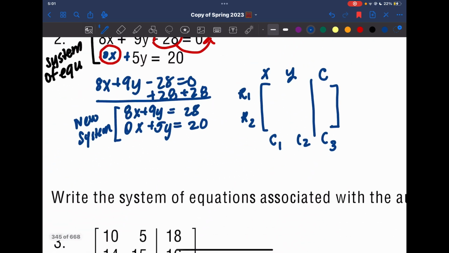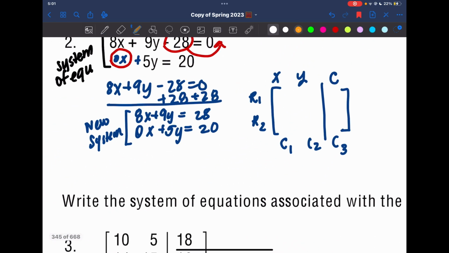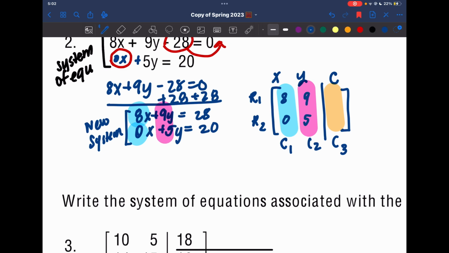Okay, blue, pink, and gold. So blue is going to be an 8 and a 0. Pink will be a 9 and a 5. And then gold is going to be 28 and 20.